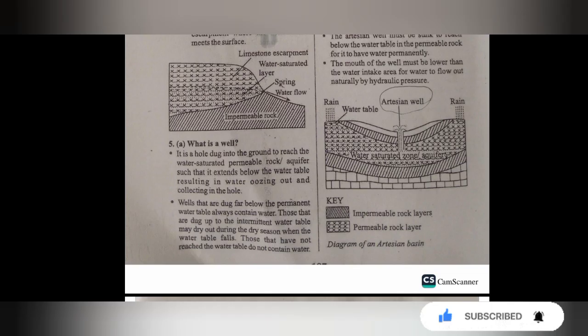And when you sink a hole in this saucer-shaped depression, the water normally reaches the earth's surface by what we call hydraulic pressure, as long as the well is below the water table. And that deep hole that is sunk is what we call an artesian well.